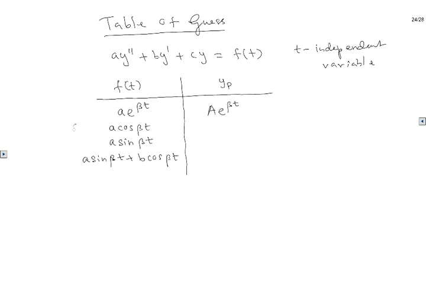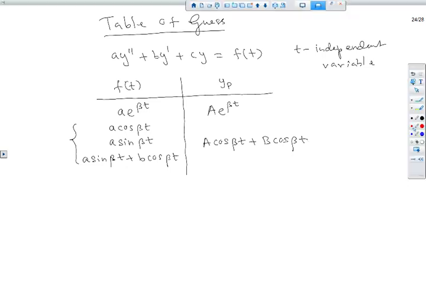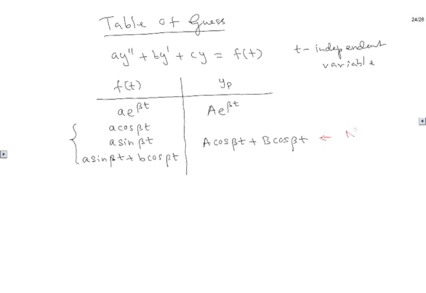For all these 3, we have one type: a sine beta t plus b cosine beta t. So they are the same. What you want to remember is that I need both sine and cosine. You have to write both, because once you take the derivative, it's going to change the type. That's why you have to include both types.